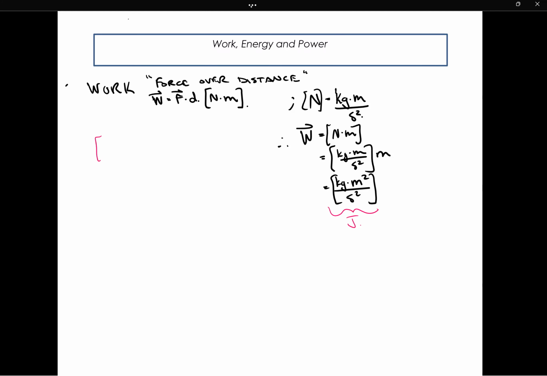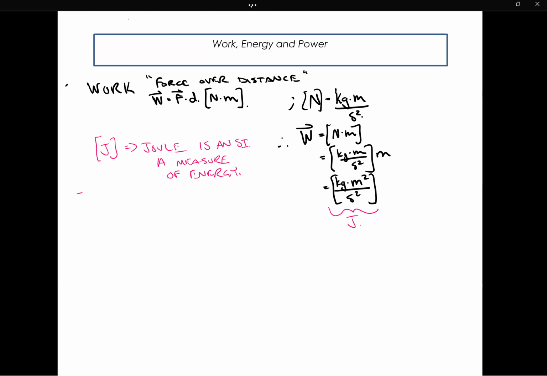The joule is not the base SI unit, but it is an SI unit that is a measure of energy. So we have mechanical energy in joules.